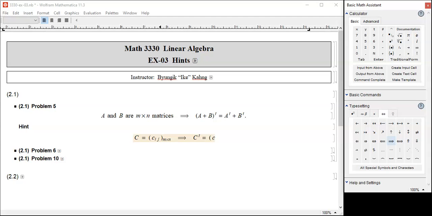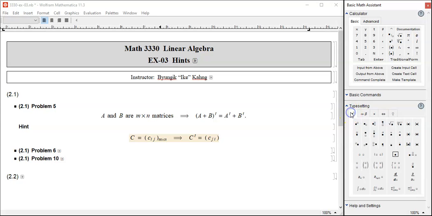Transpose is nothing more than C_ji. We simply switch i and j. This is ith row, jth column, and this is jth row, ith column. So column goes to row, row goes to column. That's about it. And consequently, the size of the matrix becomes n by m.